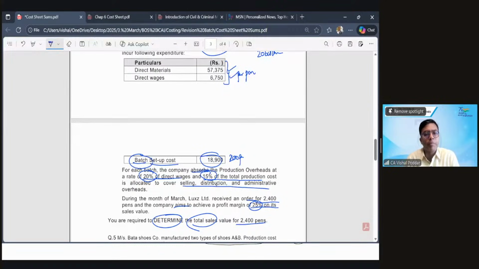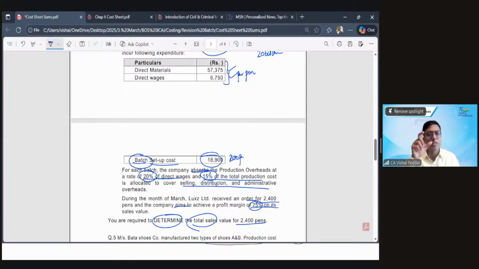Here, there is no such thing. They have already given you the data, the overhead absorption rates, the profit margin, everything is given to you ready. In this case, we need not prepare the first cost sheet for the original data. We can directly prepare the cost sheet for the proposed order.